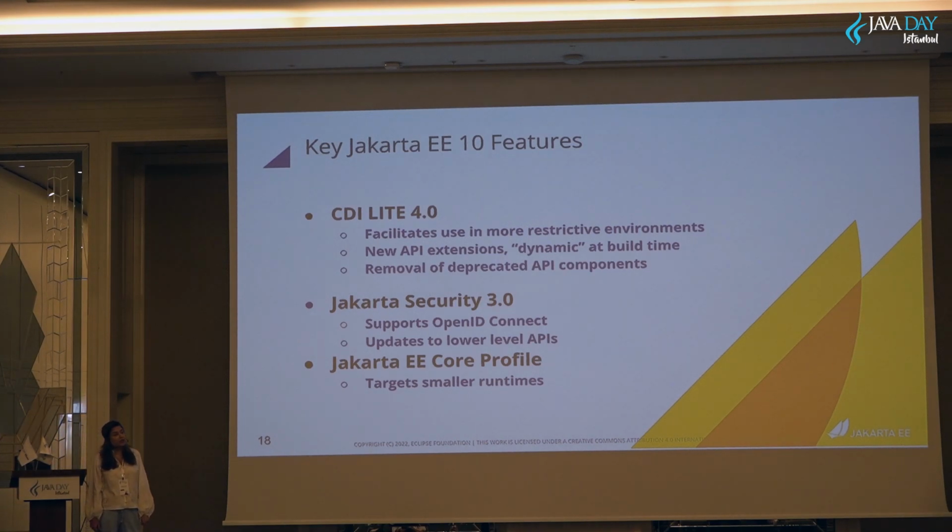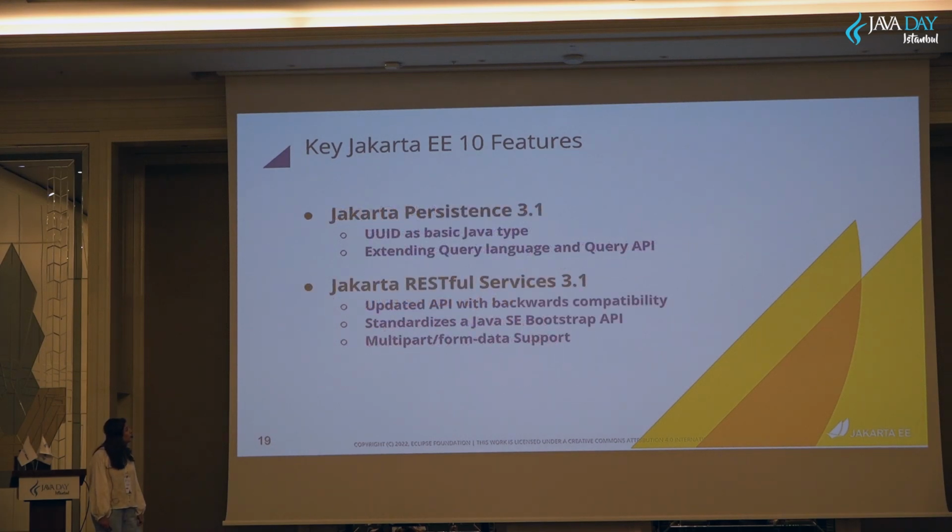Another key update in EE 10 was Jakarta EE Security 3.0. So 2.0 was all about moving to the new Jakarta namespace. There wasn't really a huge update, but here we are supporting OpenID Connect, and there are some minor updates to lower level APIs. And then, as I mentioned, Jakarta EE Core Profile targets smaller runtimes. Then we have updates to Jakarta Persistence 3.1, which adds UUID as a basic Java type, and extends the query language and query API.